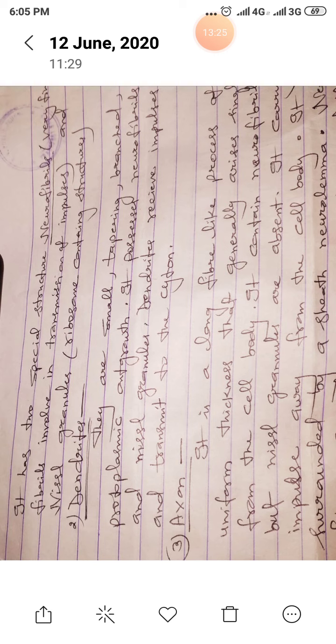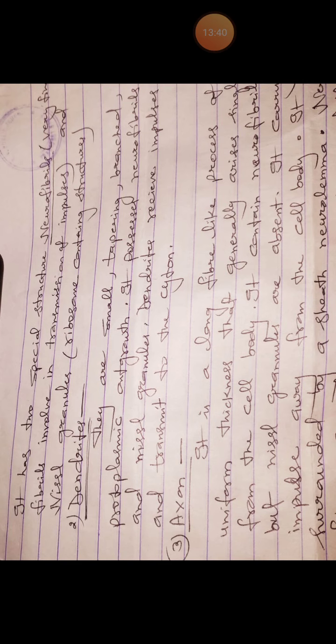The second part of the neuron is the dendrites, small tapering branched projections coming from the cyton. They possess both neurofibrils and Nissl granules. Dendrites receive impulses and transmit them to the cyton; that is the function.